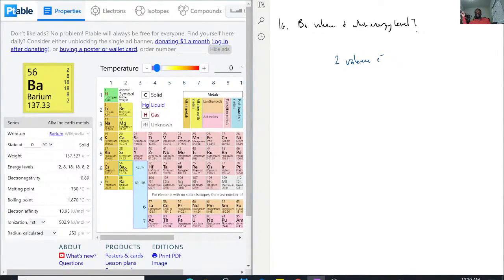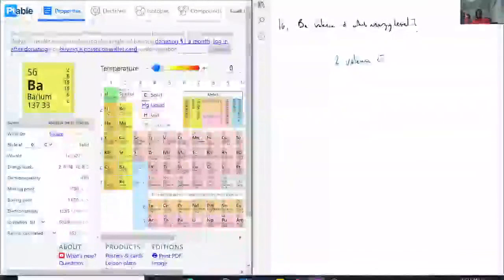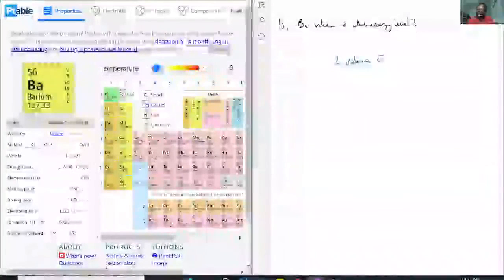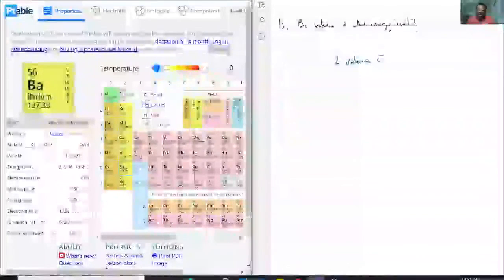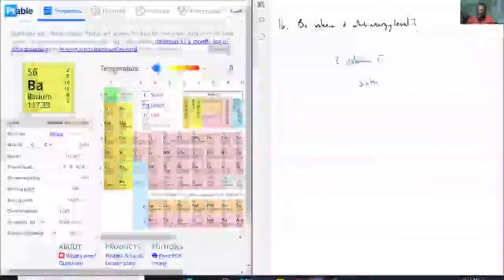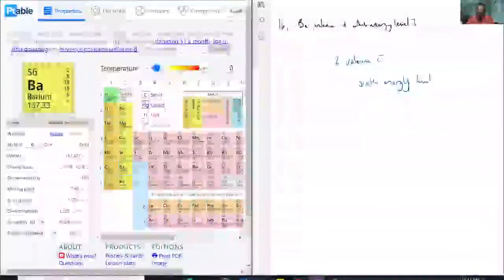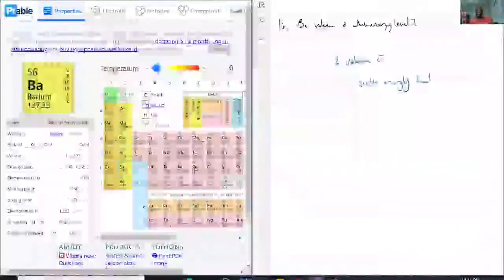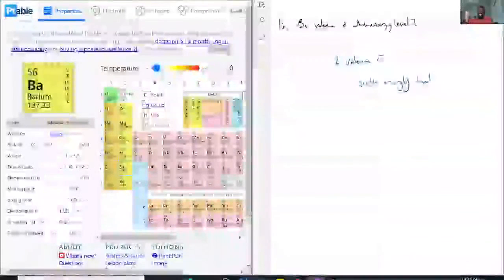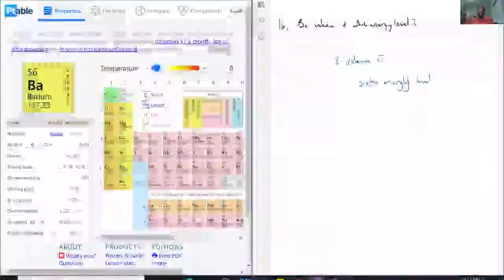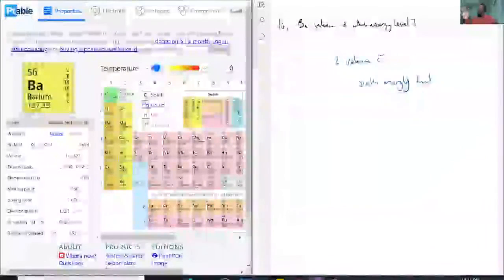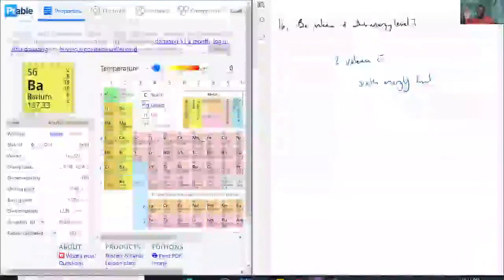And at what energy level? Okay, it's actually answered by the row it's in. It's going to be in the energy level 6, well, the 6th energy level. So for these types of questions, by finding out the row it's in and the column it's in, you should be able to theoretically find how many valence electrons and what energy level it's in.